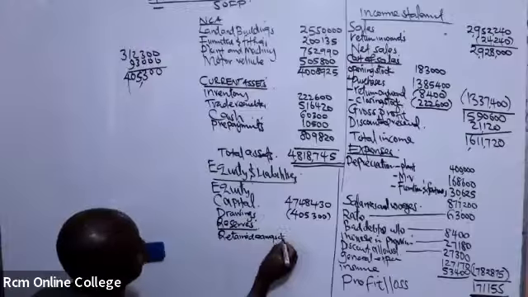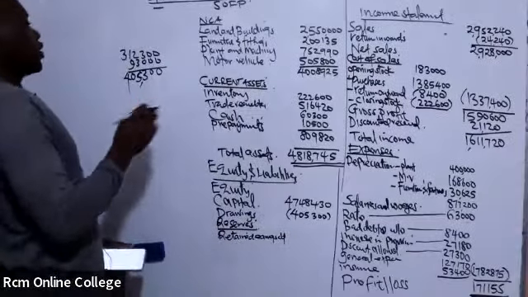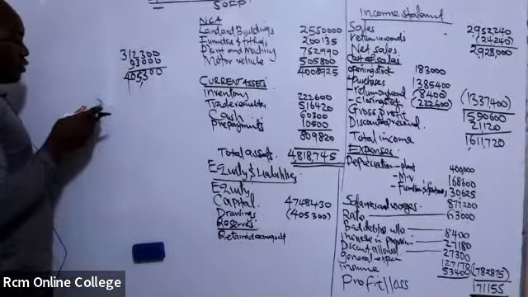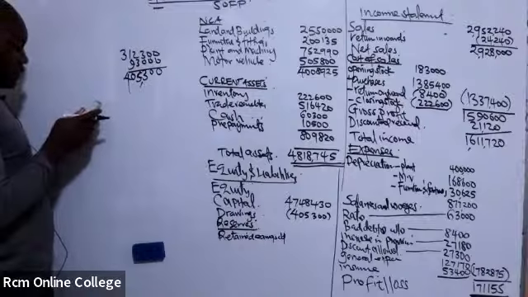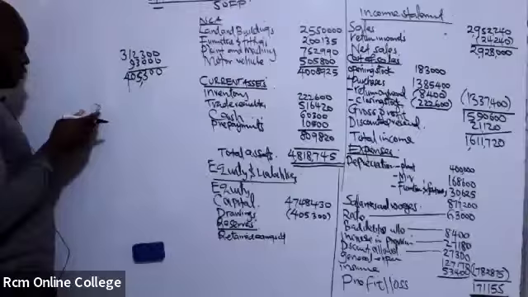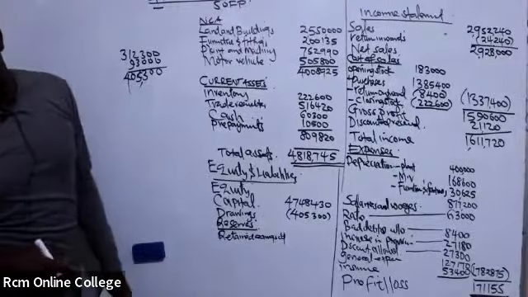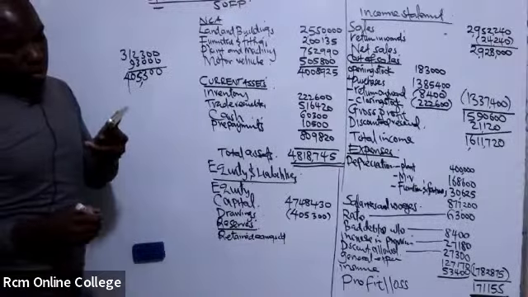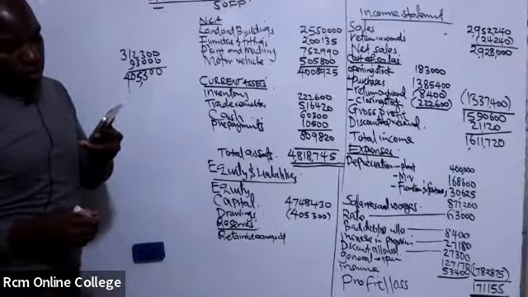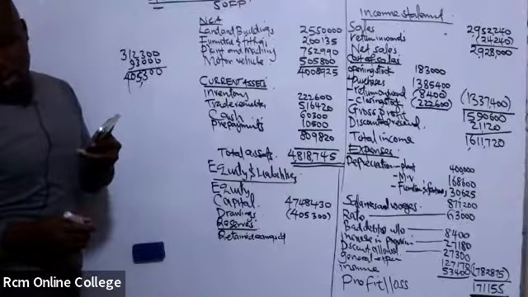Retained earnings carried down. How do we get retained earnings carried down? We look for the opening retained earnings. Do we have opening retained earnings? Look at our question. On the credit side, there is none, right? We don't have opening retained earnings.